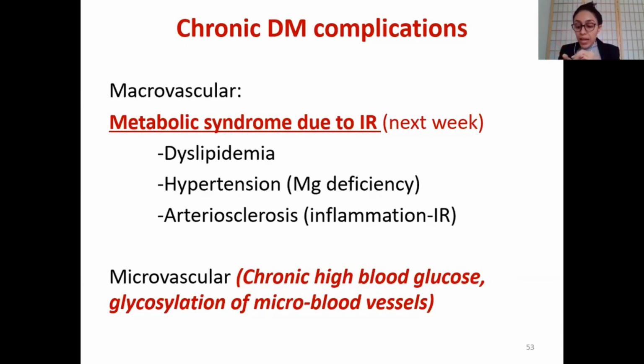Similarly, glycosylation of blood vessels means you have glucose molecules accumulated in your small fine capillaries. So in your microvascular capillaries, which you need a microscope to see, therefore they are microvascular, you have accumulation of glucose molecules, and this is called glycosylation of blood vessels.